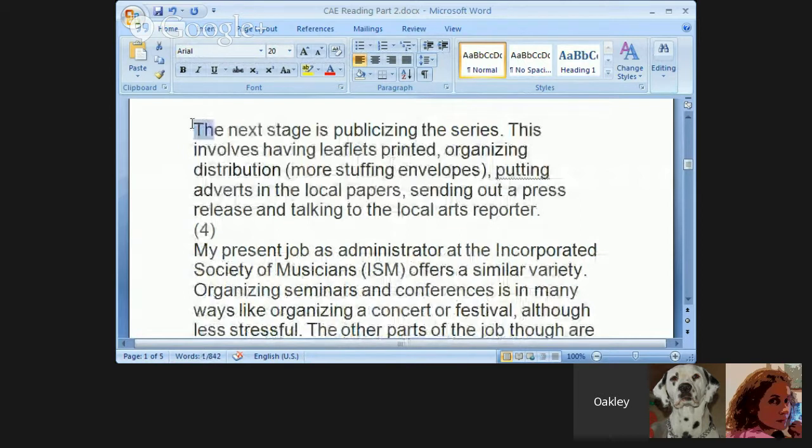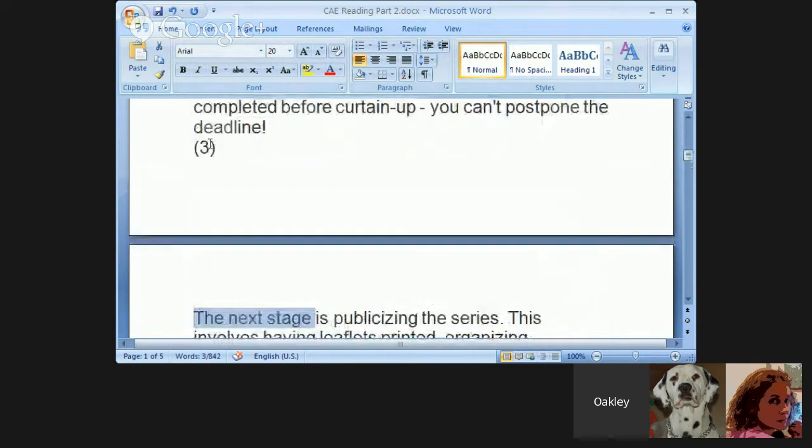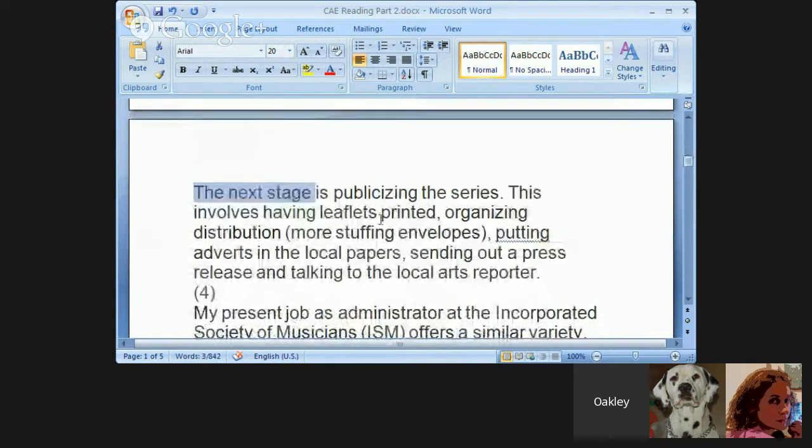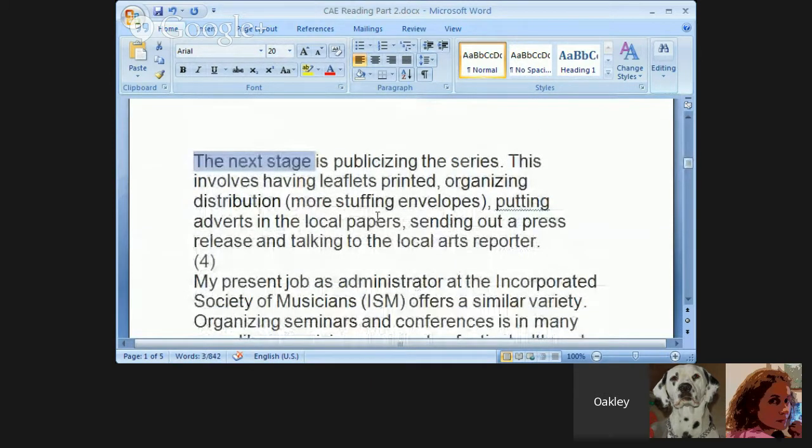Okay, then you've got to keep your eye out for these things, for the signal words and signal phrases and transitionals. The next stage, great. Well, that tells me that number 3 here must be something about a stage, because I can't have a next one if I don't have a first one. So these are the clues you need to be looking for.